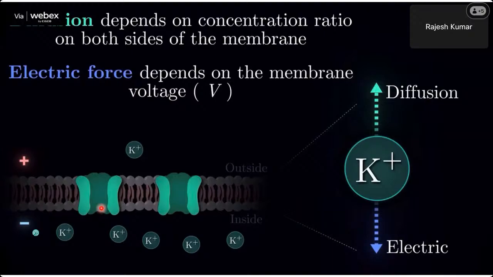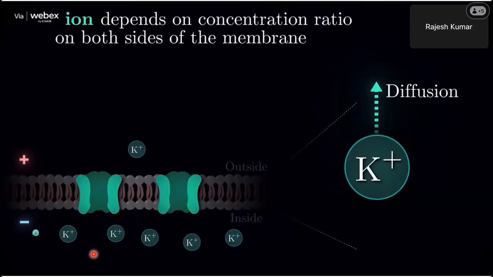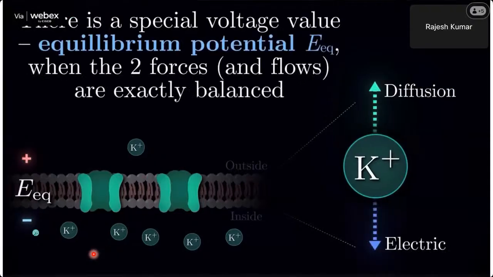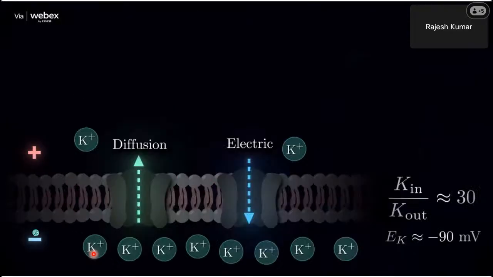Then check the balance here: for this scenario, the diffusion force pushes the potassium ion to move in this direction because the concentration is more here and less here, whereas the electrical force, positive outside and negative inside, pushes it to go back. Depending upon which one is more and which is less, the movement takes place. At equilibrium, these two forces are balanced with each other.